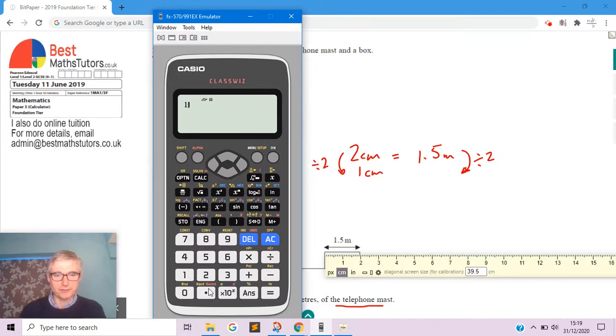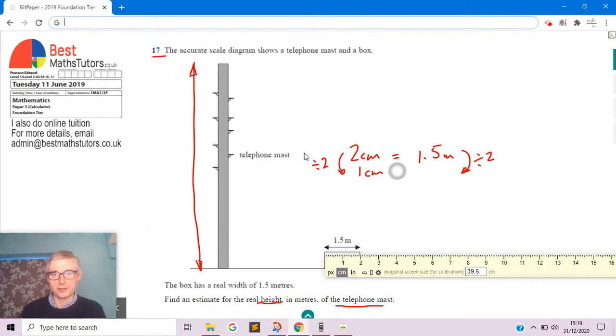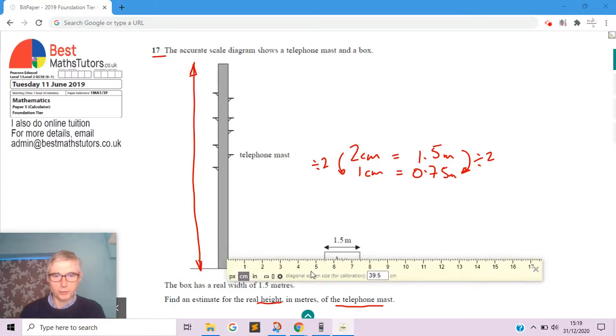I'll go 1.5 divided by 2, and I get 3/4, so I press the SD button and it gets us a decimal. So 1 centimeter on our diagram actually represents 0.75 meters.